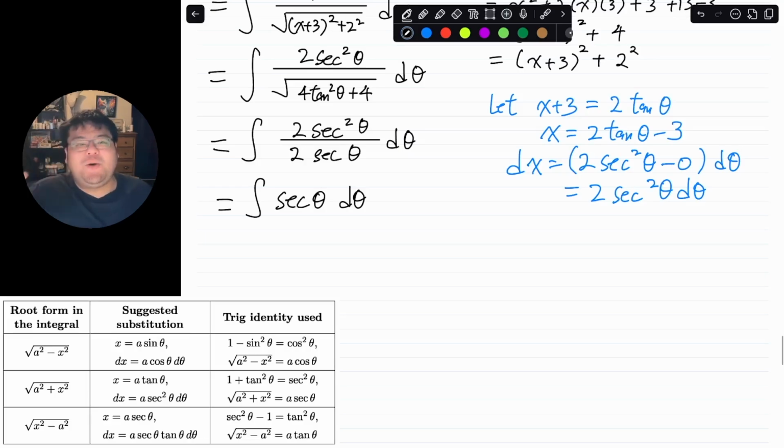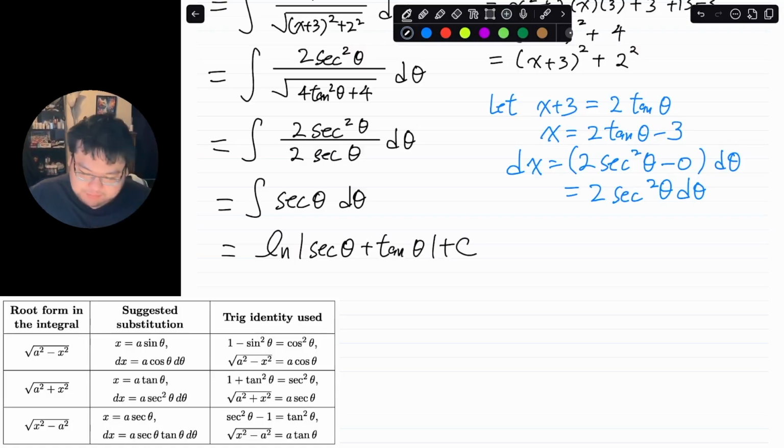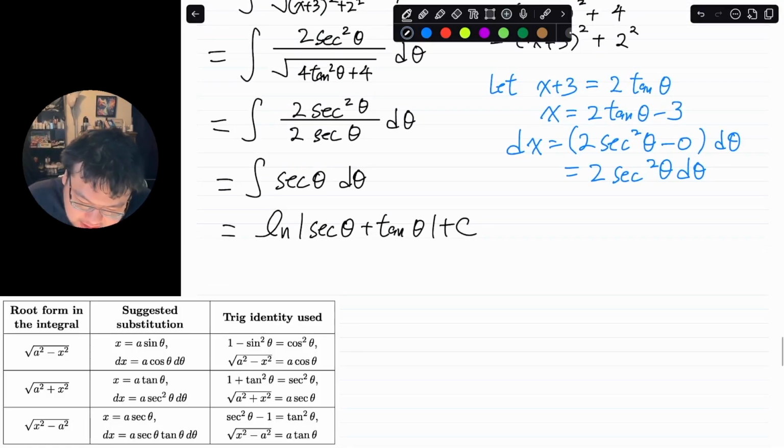So now this one is something that you need to remember. This is actually natural log of the absolute value of secant theta plus tangent theta plus c. Okay, so we need to do again some right angle triangle. So let's see. We have x plus 3 equals 2 tangent theta.